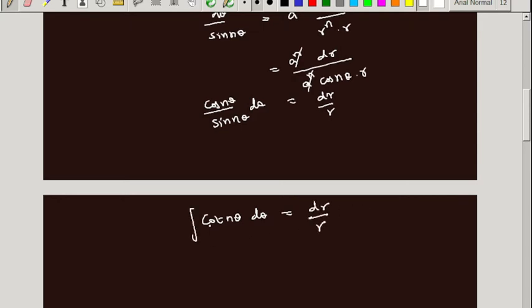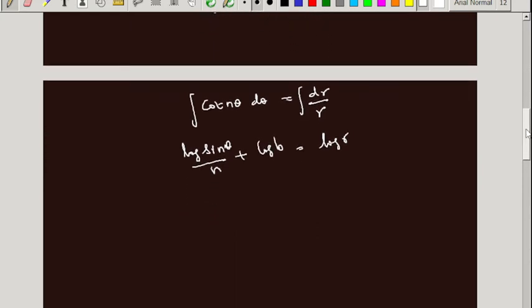So if we integrate this, we can write log r equal to log sin n theta dividing by n plus a constant, which we write as log b or log c. Taking the LCM, we write log sin n theta plus n into log b equal to n into log r.